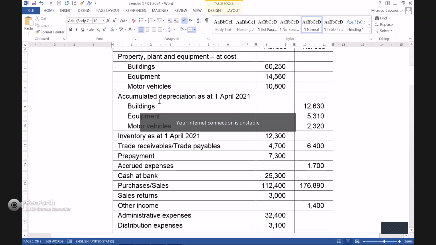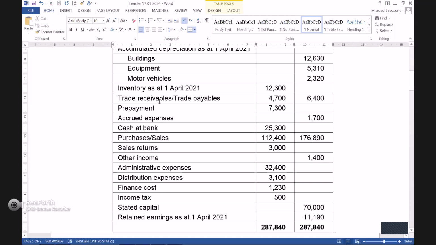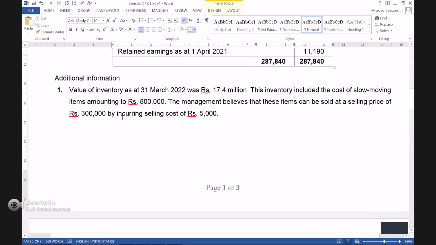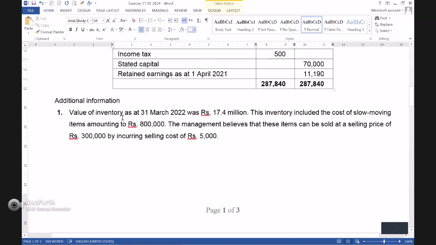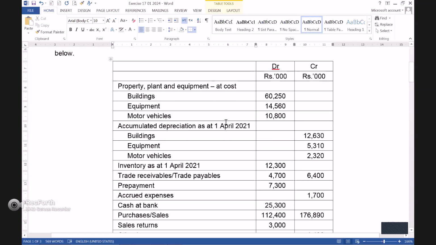So first, we have to do them one by one. Okay, additional information. So the first additional information. Here the amount is given in millions.